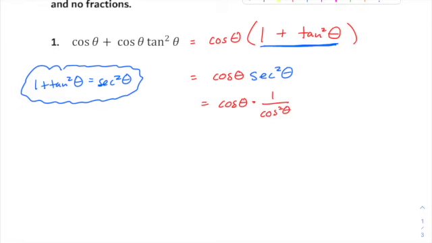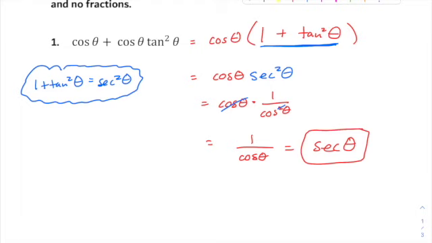It's a reciprocal function. So 1 over cosine squared times that cosine, that's going to cancel one of these cosines. I'm going to be left with 1 over cosine, which is, of course, equal to secant.